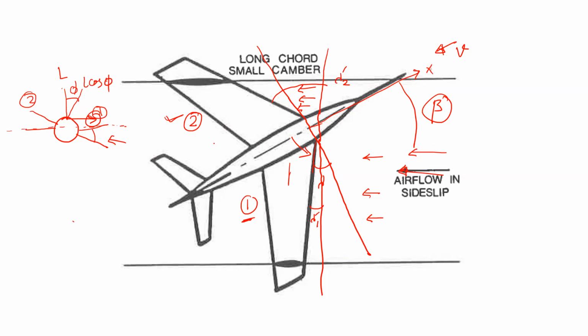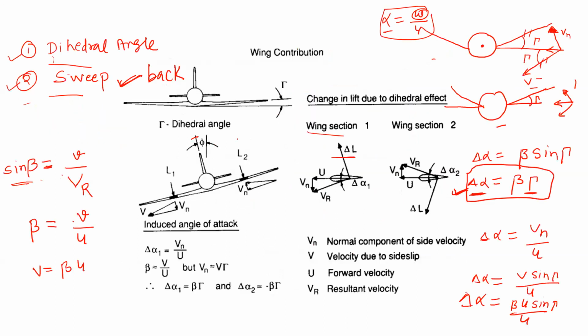And now I think it is clear why sweep back helps in increasing the dihedral effect. What is the dihedral effect? Dihedral effect is nothing but the existence of this dihedral angle, and that helps in roll stability by generating extra lift on the wing which is below the level.